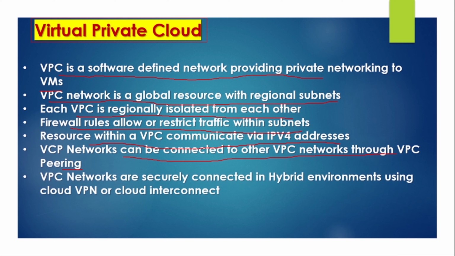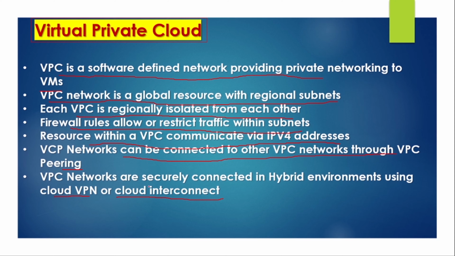A VPC network is an essential building block for configuring hybrid networks, and this is possible when you use Cloud VPN or Cloud Interconnect. So VPC is the basic requirement for enabling hybrid cloud connectivity between your on-prem data center and the GCP public cloud.